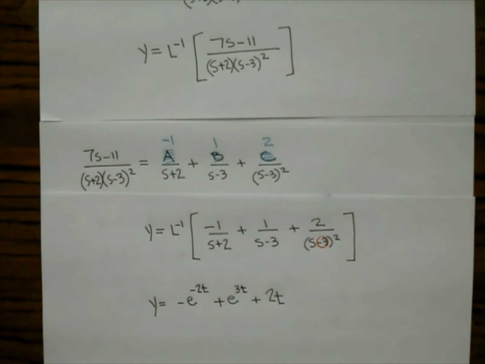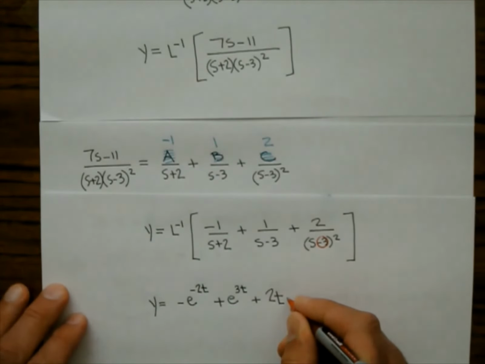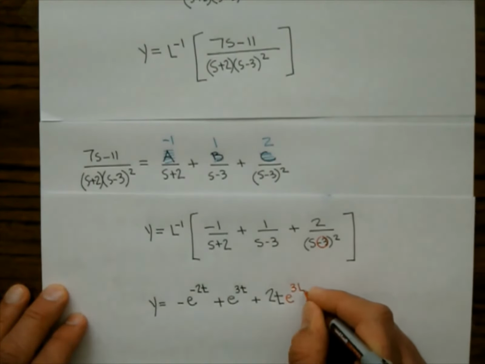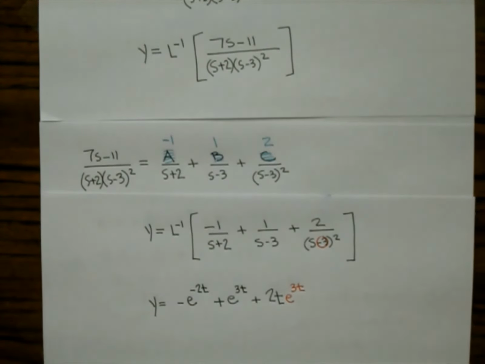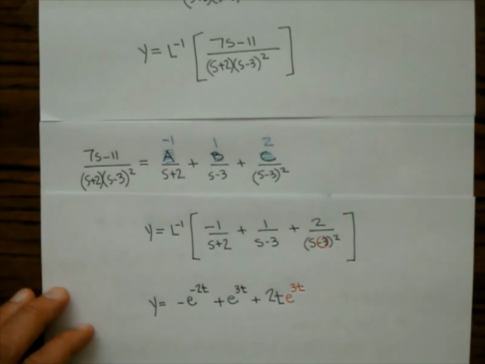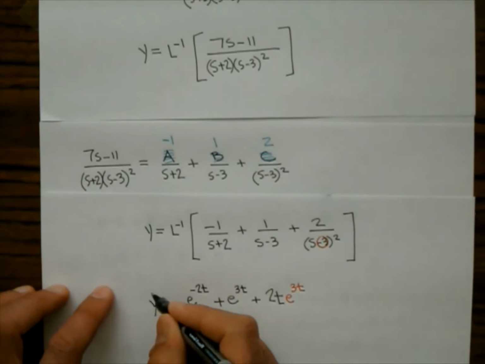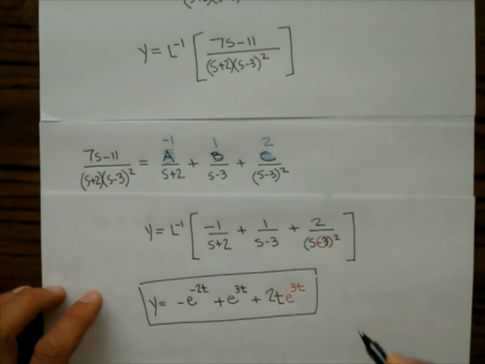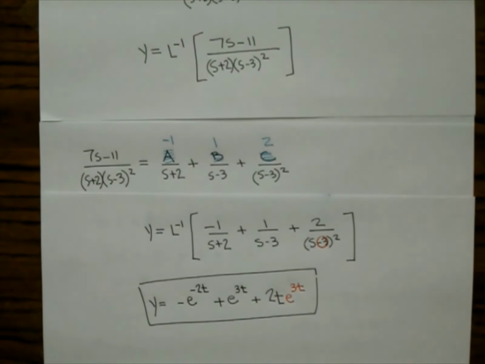Now we have to account for our shift. This is the first shifting theorem, so I have e to the 3t, and this gives me exactly the same answer that I got when I used annihilators and when I used variation of parameters on this differential equation.